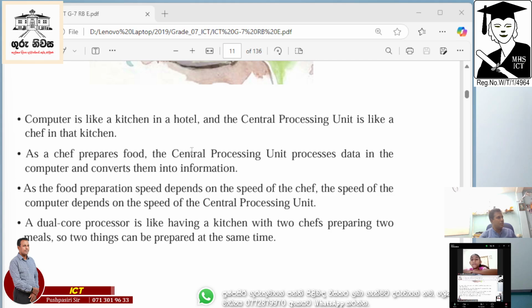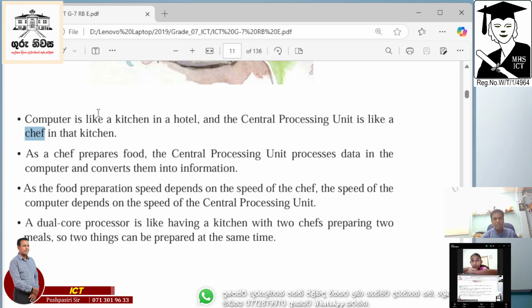And the central processing unit is like a chef in that kitchen. You know who is a chef? A chef is a person who cooks meals, no? So that is called a chef, right?